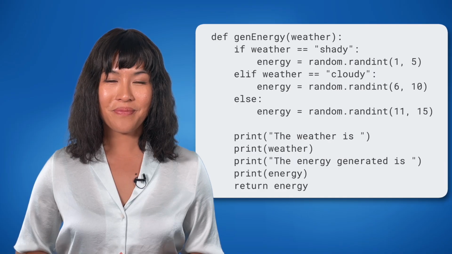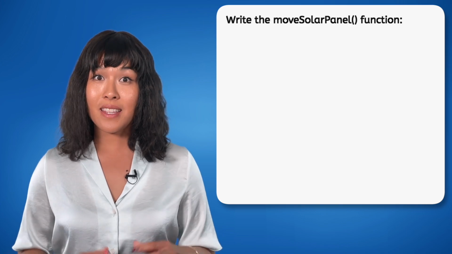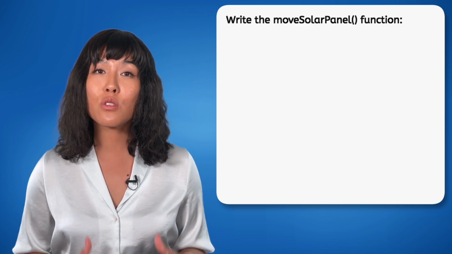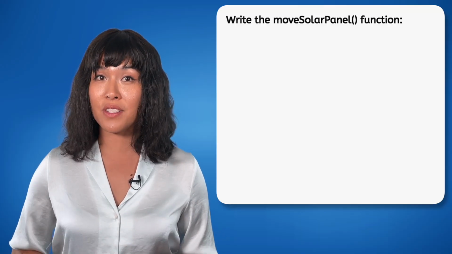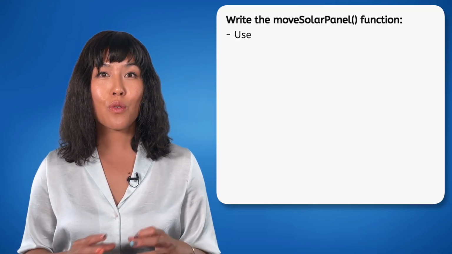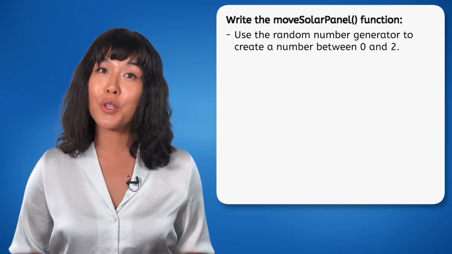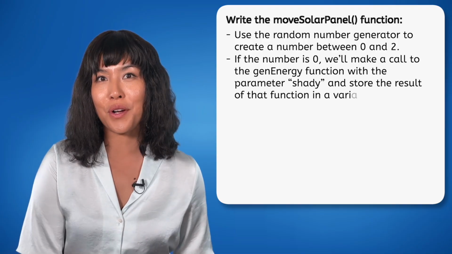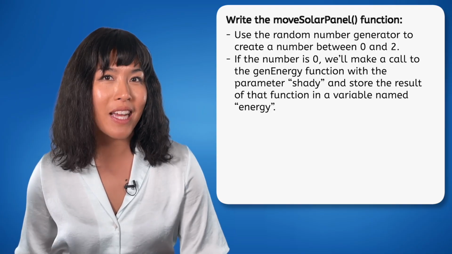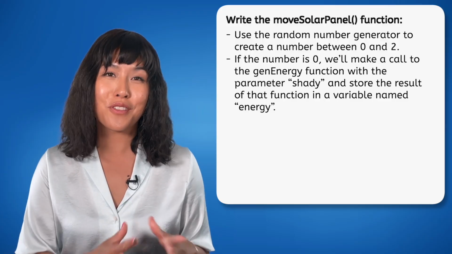Our next method is called moveSolarPanel. This method simulates the movement of the solar panel and generates energy based on random weather conditions. We will again use the random number generator to create a number between 0 and 2. If the number is 0, we'll make a call to the genEnergyWeather function with the parameter shady and store the result of that function in a variable named energy.